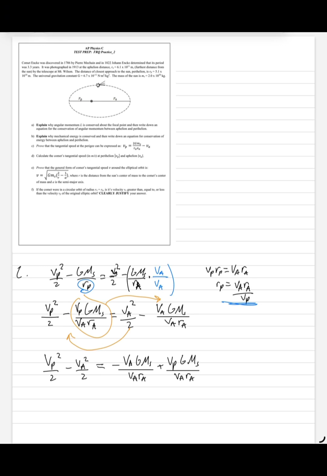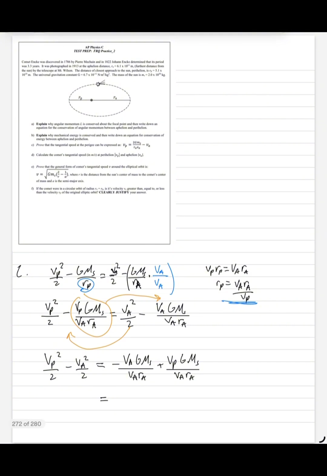On the right side, I can factor out G M of the sun over V A R A. And for the left side, I can factor out a 1/2. V P squared minus V A squared can be expanded.